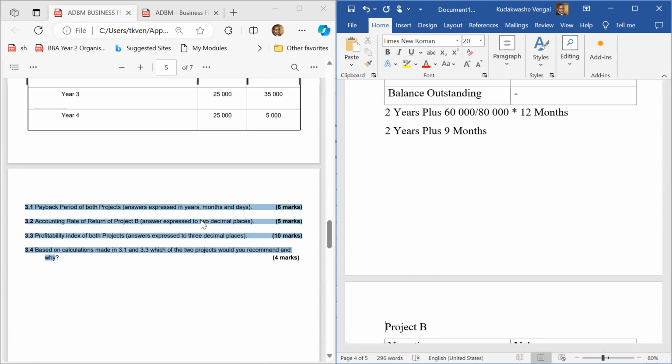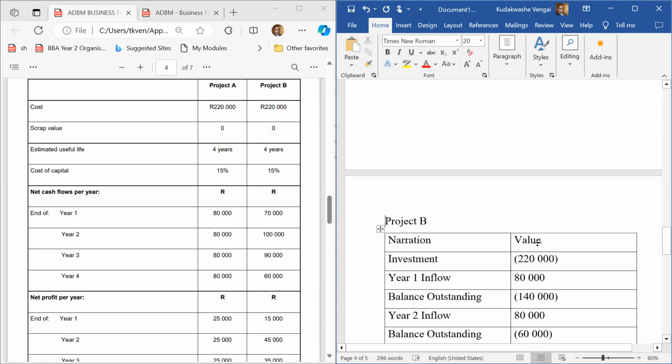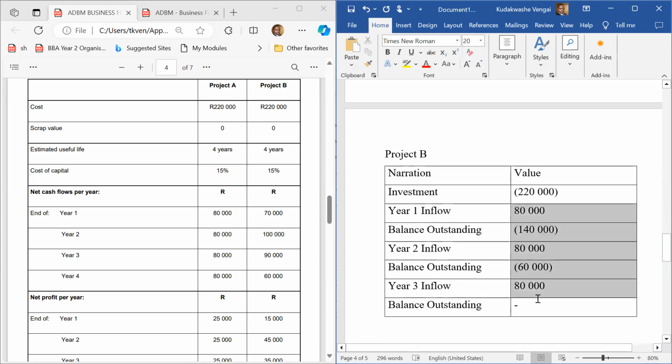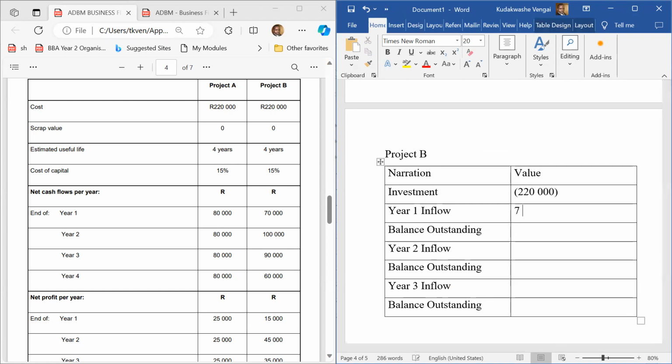So project B, same amount invested, but we have different cash flows coming through. In year number 1, we received 70,000. In year number 2, we received 100,000. In year number 3, we received 90,000.